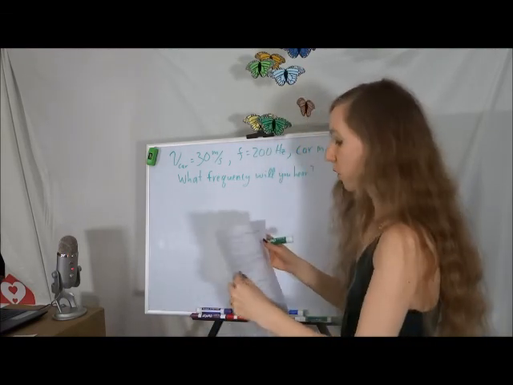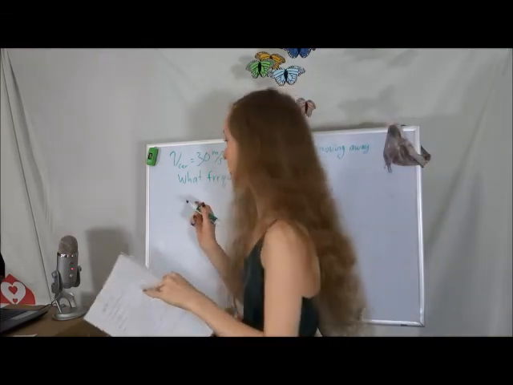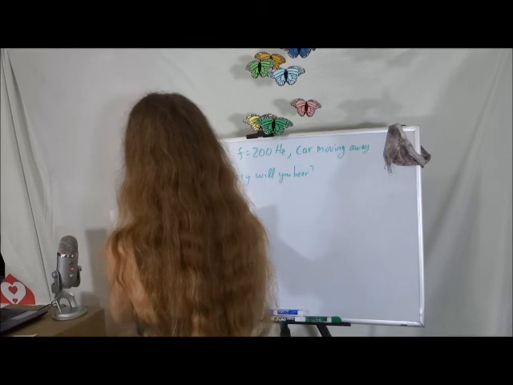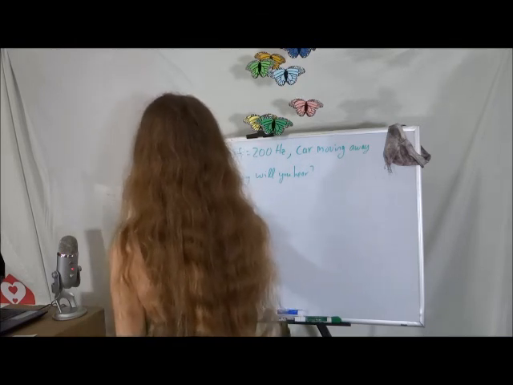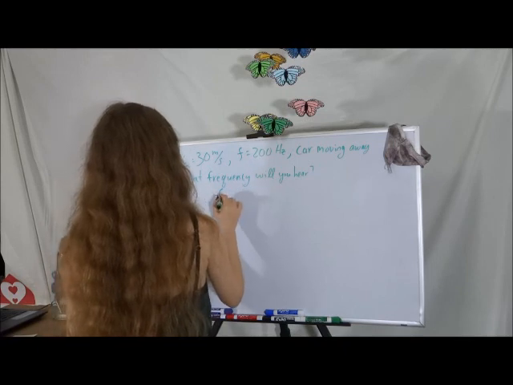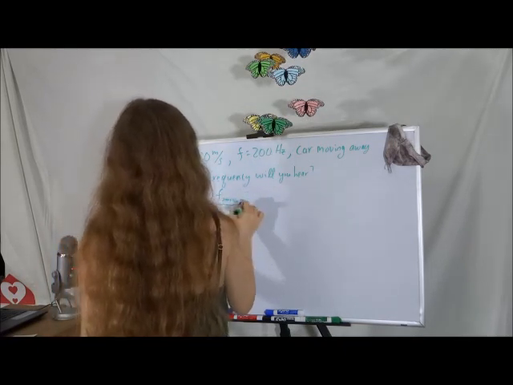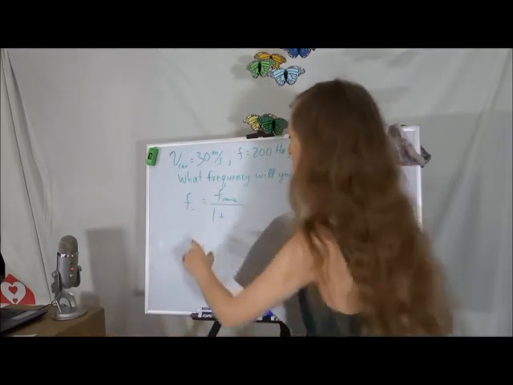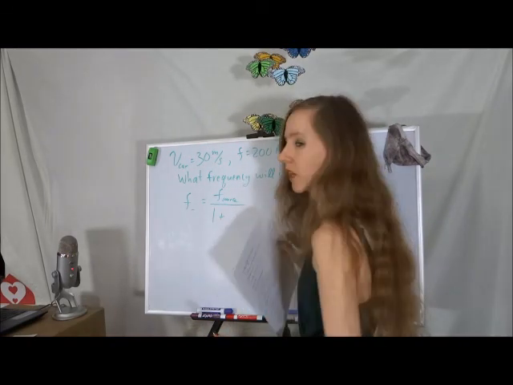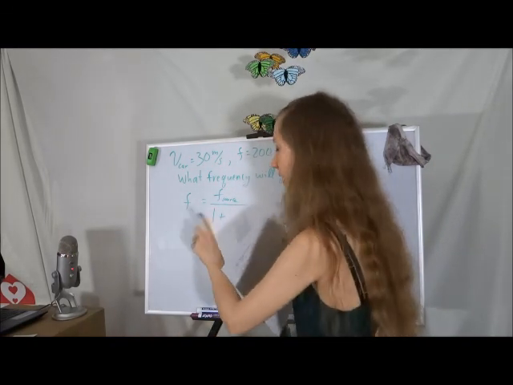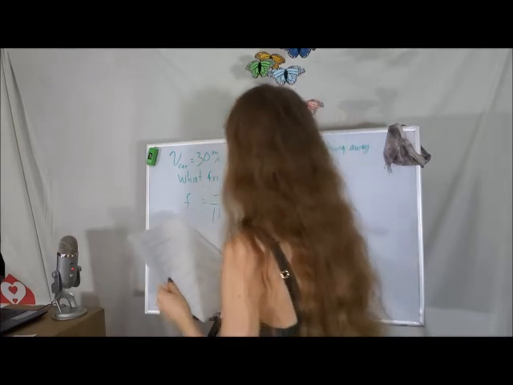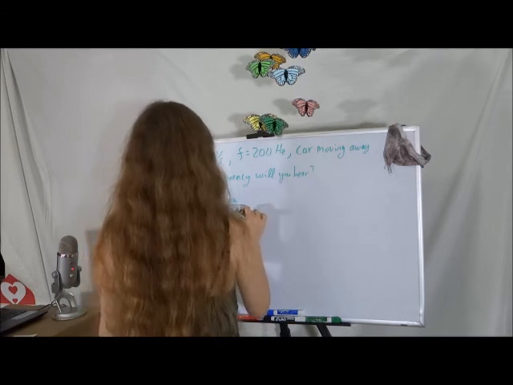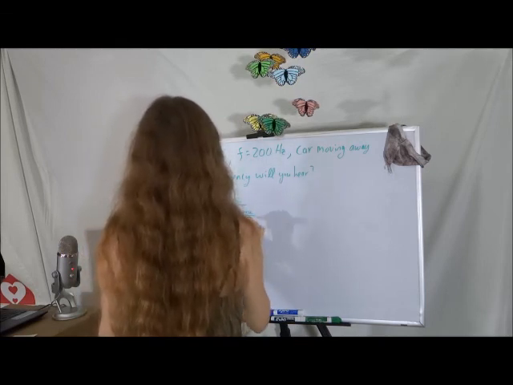It says the car is moving away, so we're going to use the f sub minus equation, which, thinking back to earlier in the semester, was equal to the frequency of our source divided by 1 plus, so the only difference between the 2 equations is that the f sub minus equation has a plus sign in it, whereas the f sub plus equation has a minus sign in it. Otherwise the equations look exactly the same. And we have the speed of our source divided by the speed of our wave.